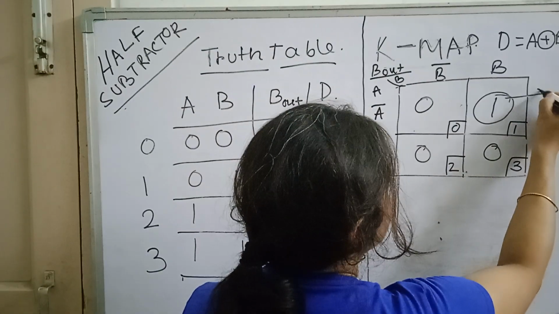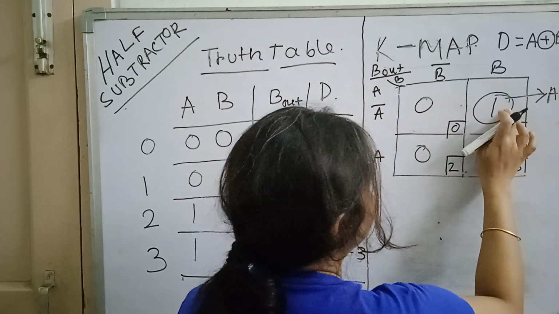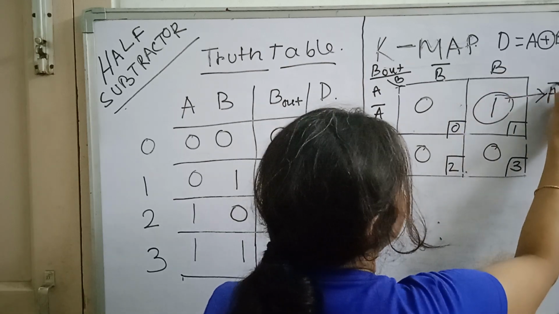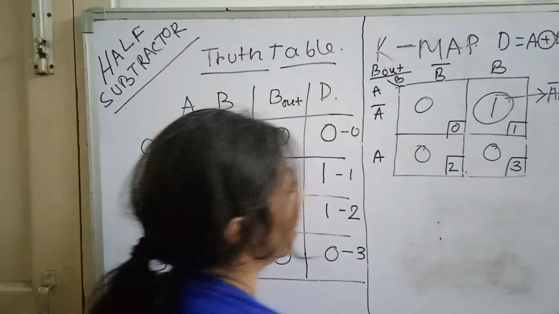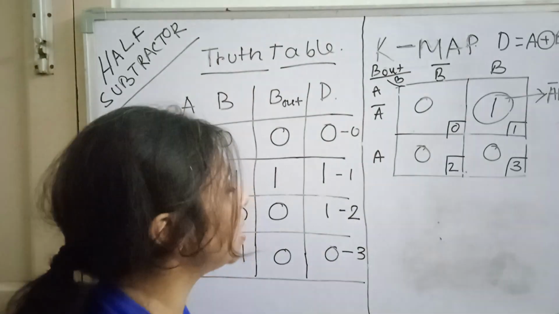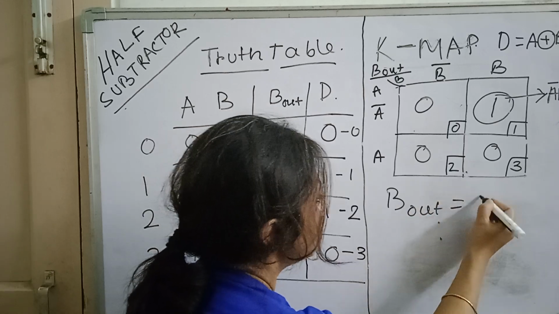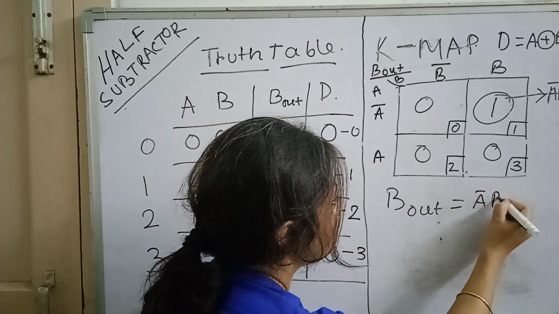The expression is A bar from the row and from the column, this is B. So A bar B. The ultimate expression for B out is A bar B.